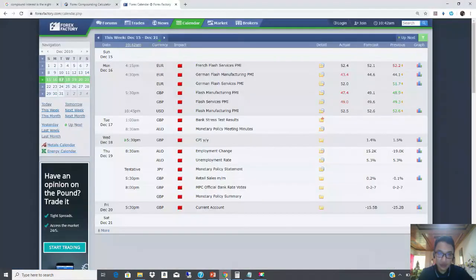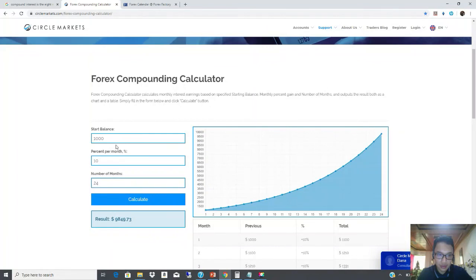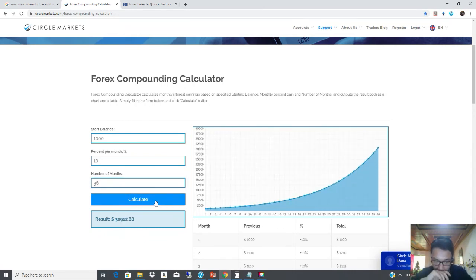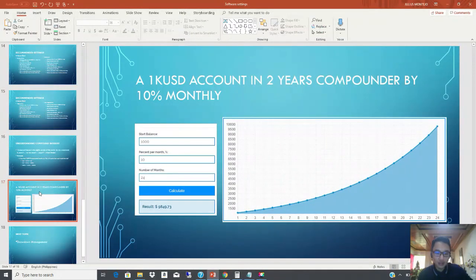So let me give you a more computation. For 1K USD, in 36 months at only 10% per month, it could give you around 30,912 USD in 3 years time. So that's how big compounding is.